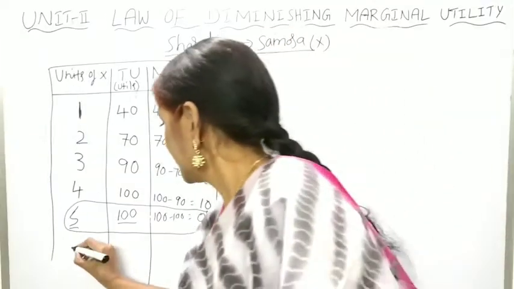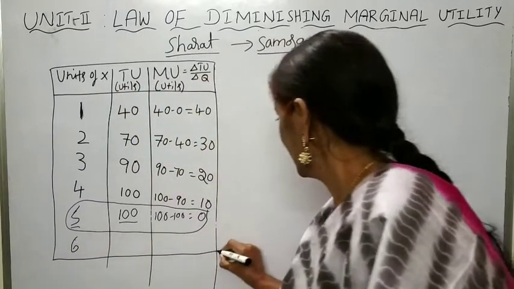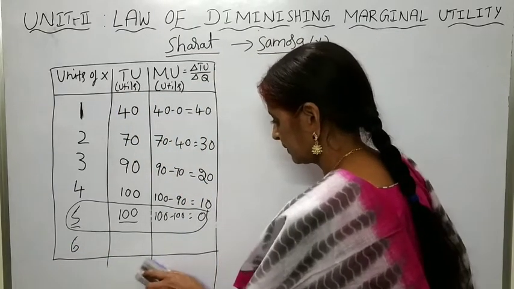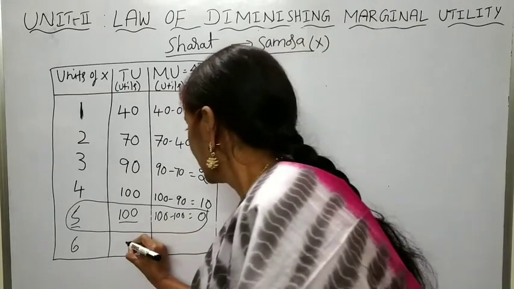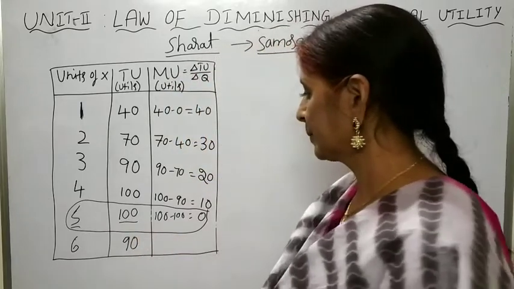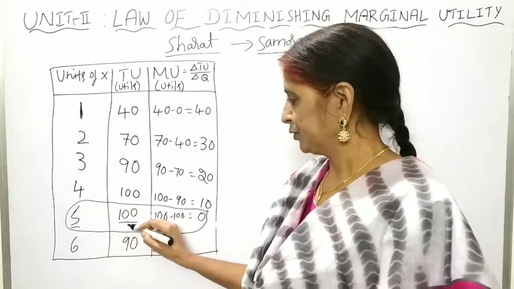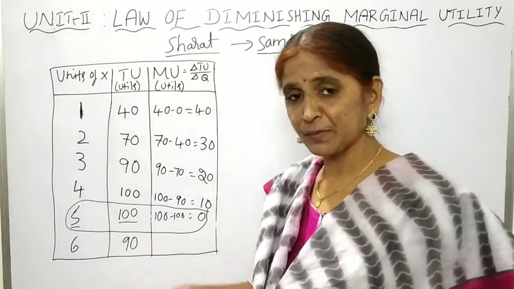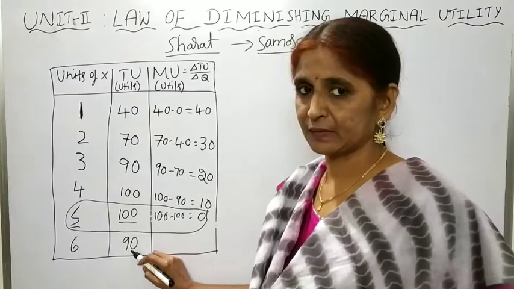Okay, and if he consumed the 6th unit also, at that time the total utility from the 6 units of samosas will become 90. Means after the fifth unit, if he is consuming one more samosa, at that time total utility diminishes.